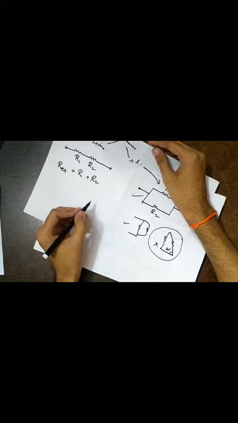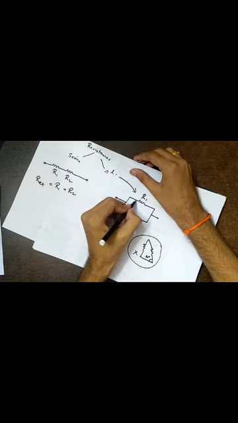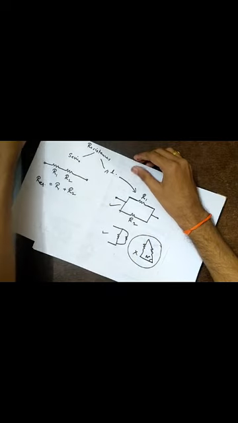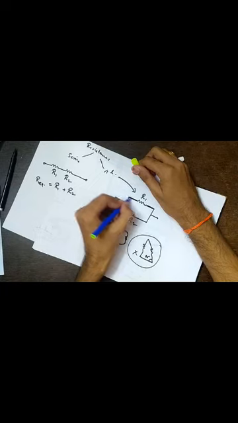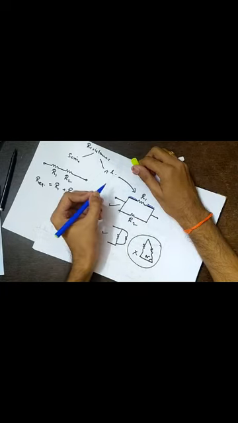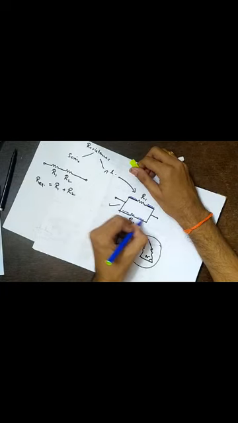So why is this in parallel? For that you have to understand the definition of resistances in parallel. You have the two terminals of resistor R1 and the two terminals of resistor R2.